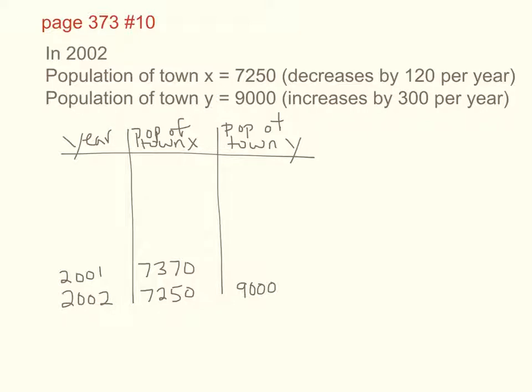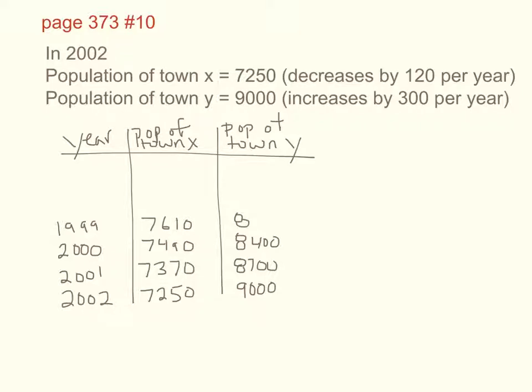And if population of town Y is going up by 300 per year, that would mean that in year 2001, the previous year, they would have 300 less. Well, at that point, town Y is still bigger, so we can go back another year. Here's 2000, so this would be 7,490, and this would be 8,400. Town Y is still bigger, and we can continue this.